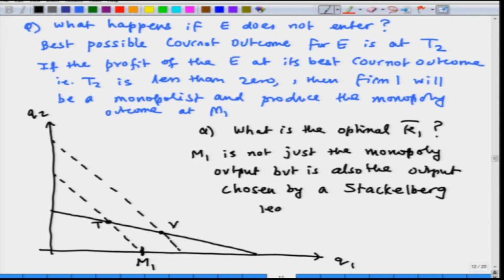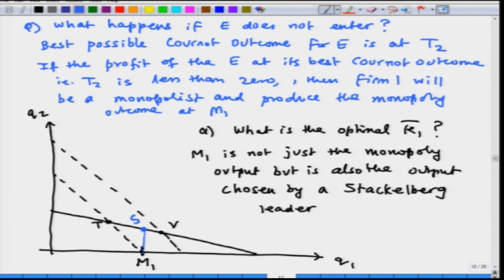We have seen in the last lecture that the Stackelberg output, A minus C by 2B, where the marginal cost was C and the inverse demand curve was P equals A minus B times Q1 plus Q2, was exactly equal to the monopoly output. So this M1, in our case A minus W minus R divided by 2B, is not just the monopoly output, it is also the output chosen by the Stackelberg leader.